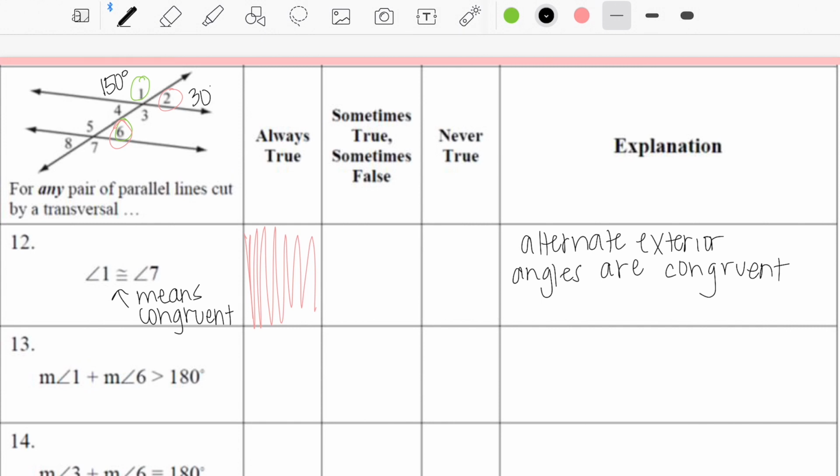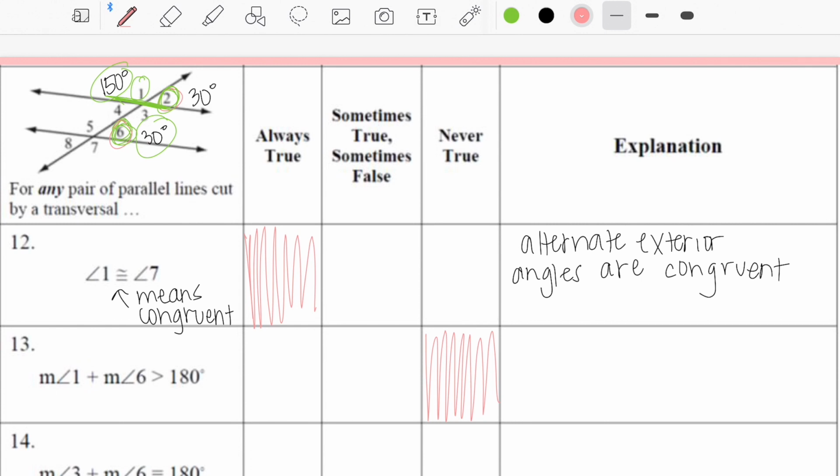That would make angle 2 30 degrees, which would make angle 6 30 degrees because corresponding angles are congruent. 150 plus 30 is equal to 180. It is not greater than. And because angle 6 will always need to be the same as its corresponding angles, and angle 1 and angle 2 form a straight line, this is never going to be true.